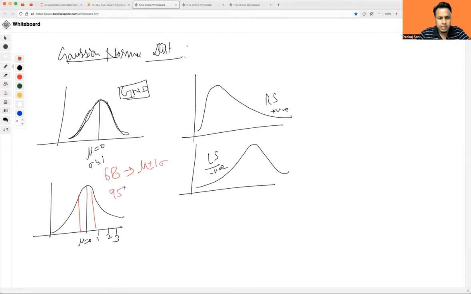And 95% of data will be lying between mu plus minus 2 sigma, and 99.7% of data will lie between mu plus minus 3 sigma, in case your given data is normally distributed, where mu equal to 0 and sigma equal to 1.